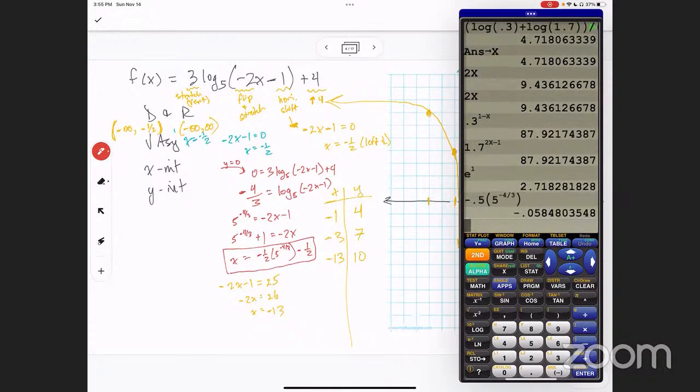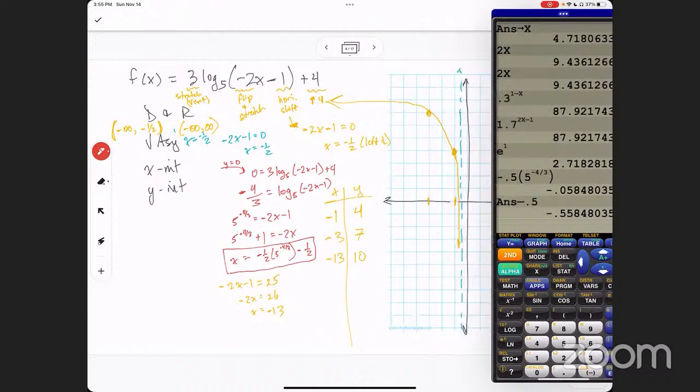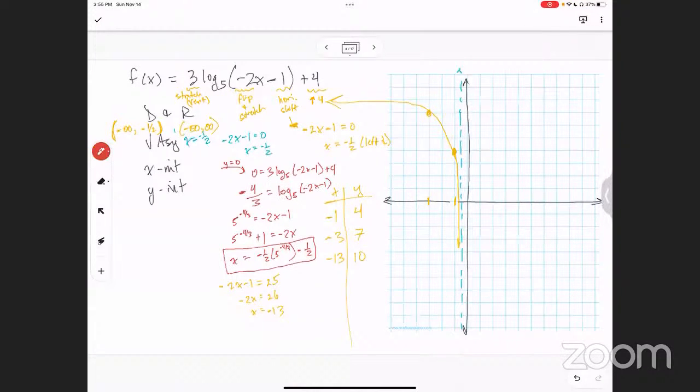Hit enter. And then minus 0.5. Negative 0.56 roughly. And that makes sense. It's just left of negative 1/2, right? But it's never going to touch that because that's the vertical asymptote.